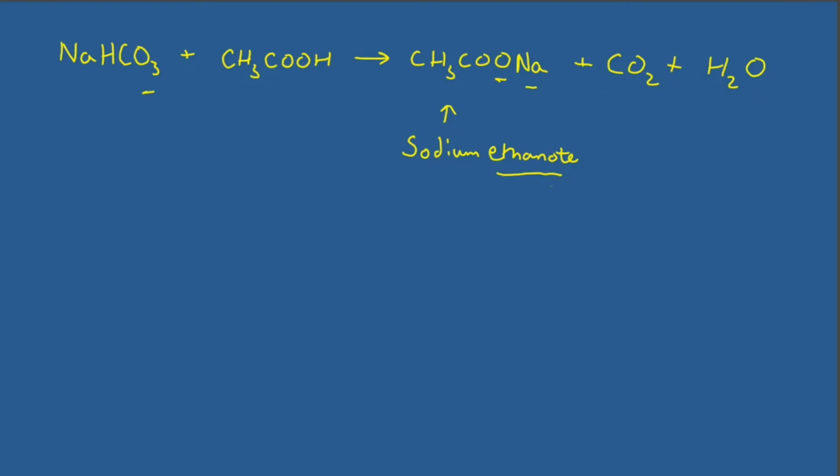So this is a useful test, which we could use to distinguish a carboxylic acid from an alcohol. The exams often like to ask how you could distinguish between A and B, and this is one of the ways you could distinguish a carboxylic acid from some other organic molecules. So that's one thing just to bear in mind.